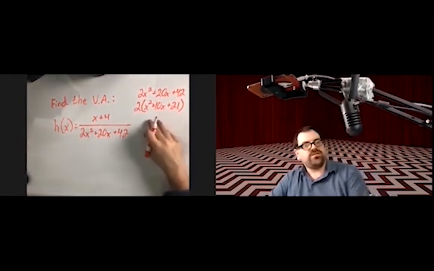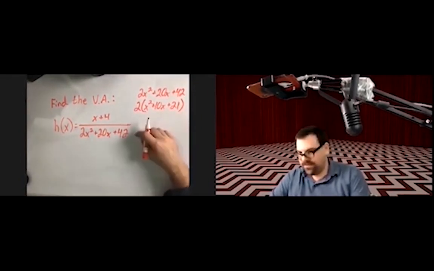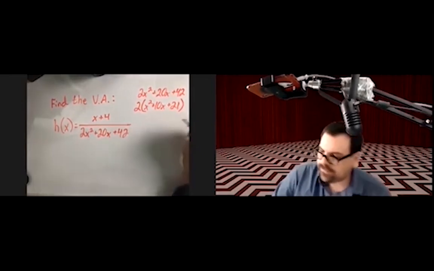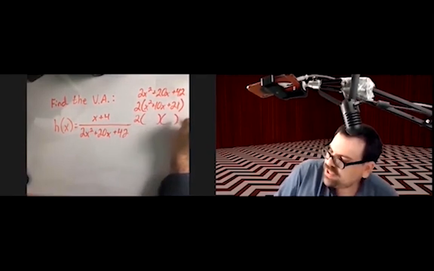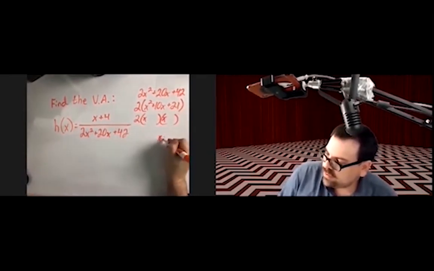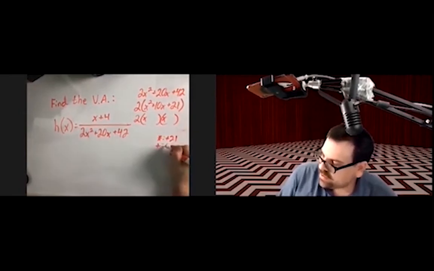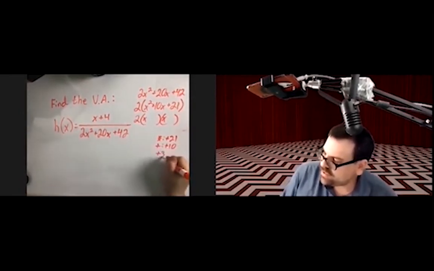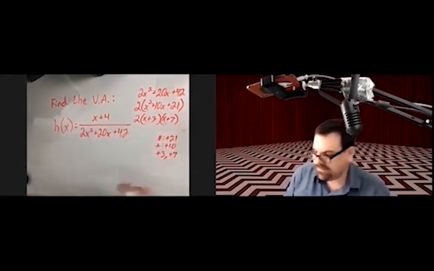If you don't factor the 2 out first, you won't get the correct factorization. We need numbers that multiply to positive 21 and add to positive 10. This is plus 3 and plus 7.